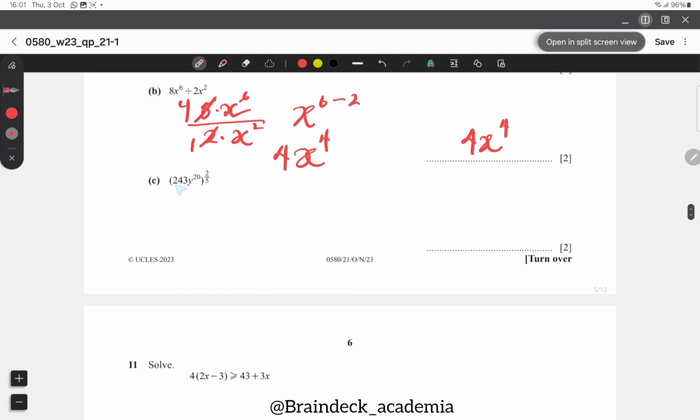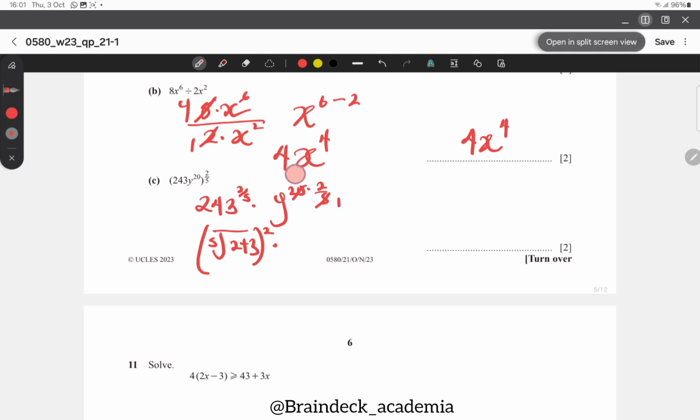For this particular one, you have 2 over 5 as a power. So we have 243 raised to the power 2 over 5 times y raised to the power 20 times 2 over 5. So this is the same thing as the 5th root of 243, raised to the power 2, times y raised to the power 8.